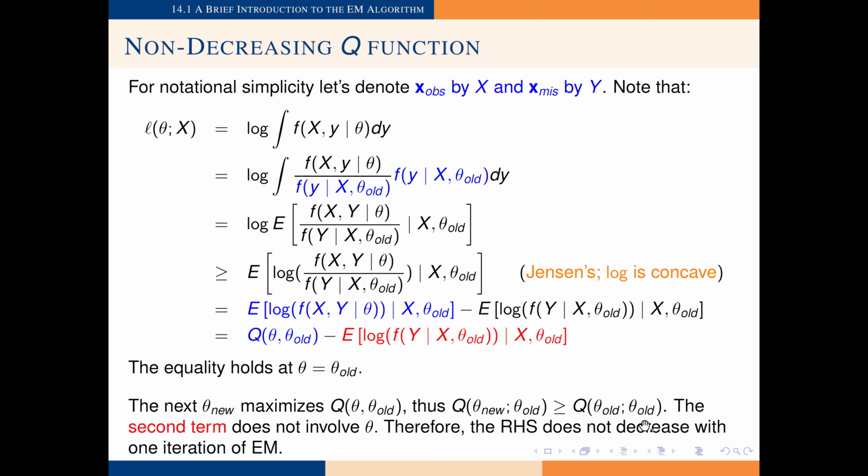Intuitively, when you run one iteration of EM, you improve your theta into theta new, which maximizes this Q, and since this latter term doesn't change, the right-hand side of this whole inequality does not decrease with one iteration of EM. Intuitively, it means that with one iteration, it is expected that most of the time your log likelihood of the observed data is going to get better when you choose the new estimates.